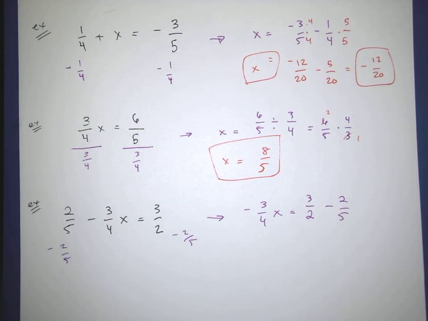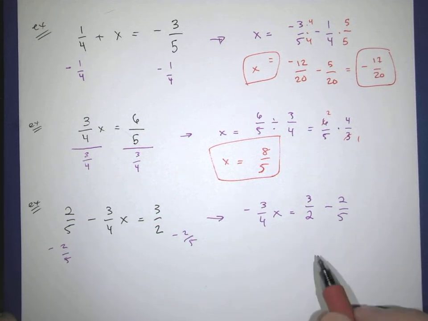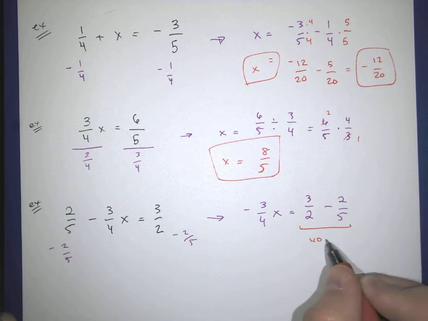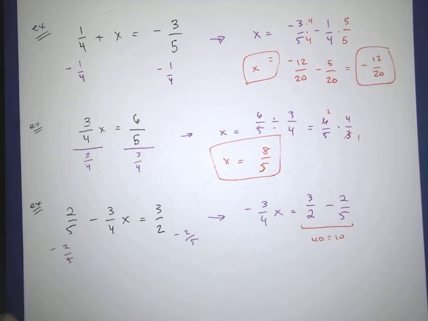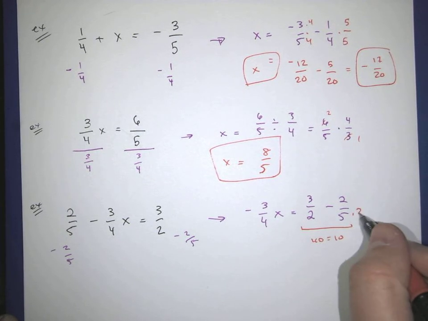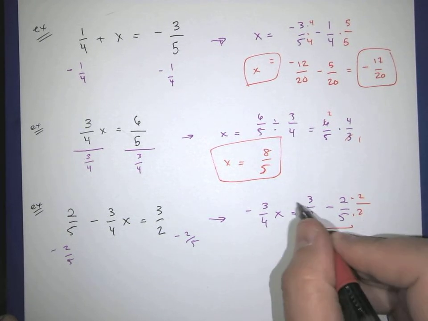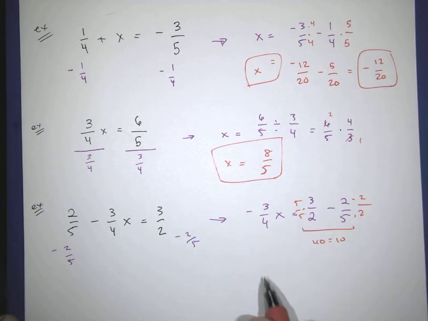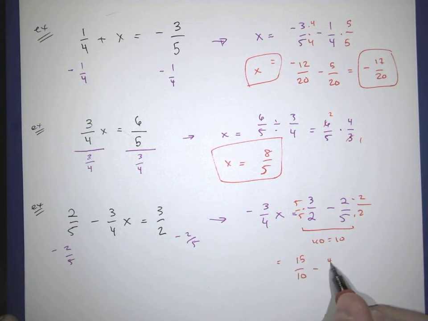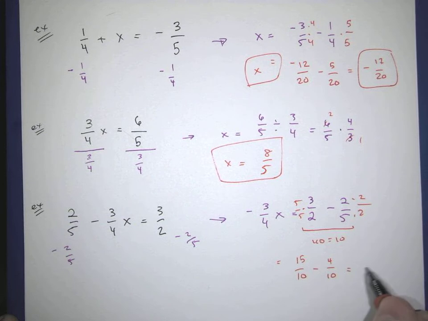What happens here is we have to just do these fraction problems as we go. So I'm going to need an LCD over here. This is 2 and 5, so I'll just use 10. They don't have anything in common. So my LCD here is 10, so we're going to have to do times 2 over 2, and I have to do this one times 5 over 5. So this is going to be 15 over 10 minus 4 over 10.